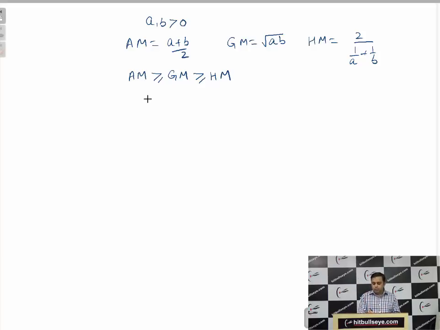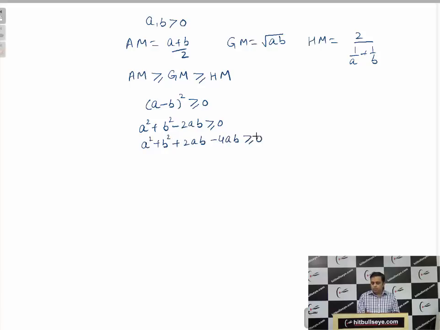For that we have a very basic identity: A minus B whole square is greater than or equal to 0. It can be written as A square plus B square minus 2AB greater than or equal to 0, or A square plus B square plus 2AB minus 4AB greater than or equal to 0. I have added 2AB as well as subtracted 2AB on the left hand side.